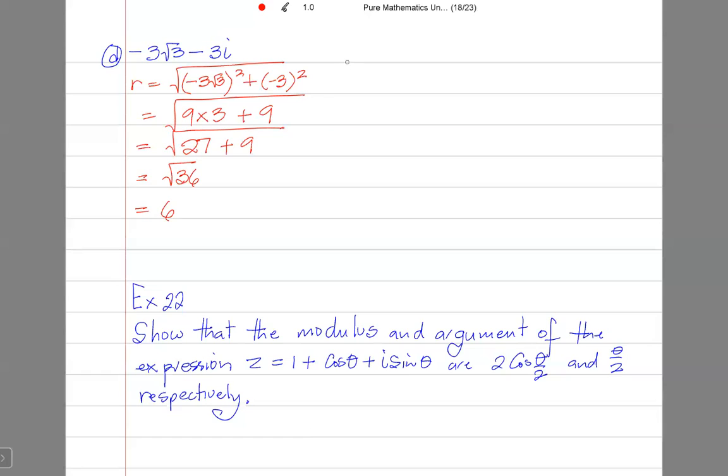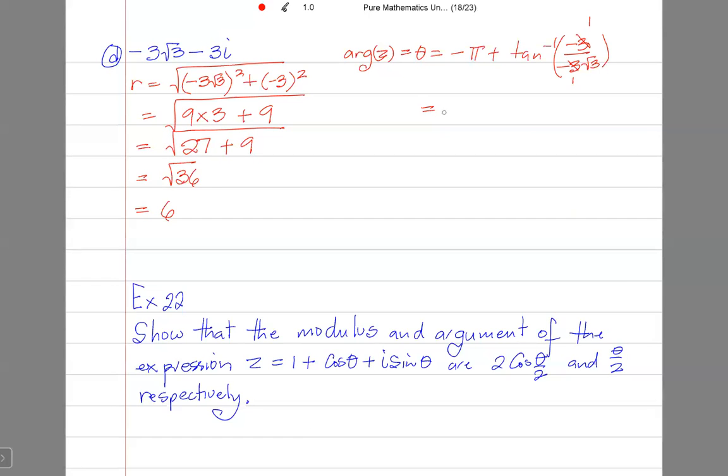Now, the argument of z, which is theta, is equal to, all right, minus 3, minus 3 root 3, again third quadrant. So this is minus pi plus tan inverse of minus 3 imaginary over minus 3 root 3 real. The 3 here cancels the 3.